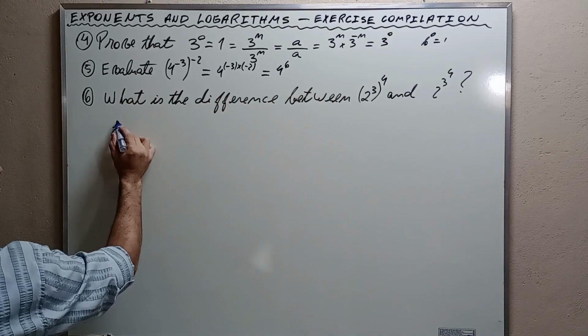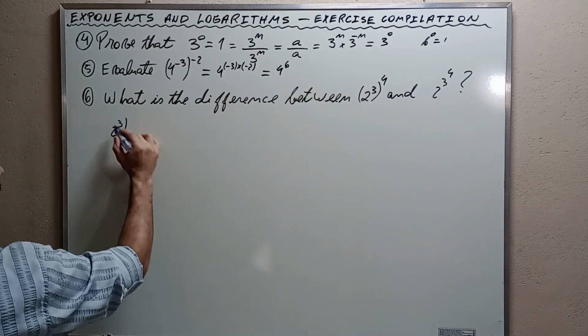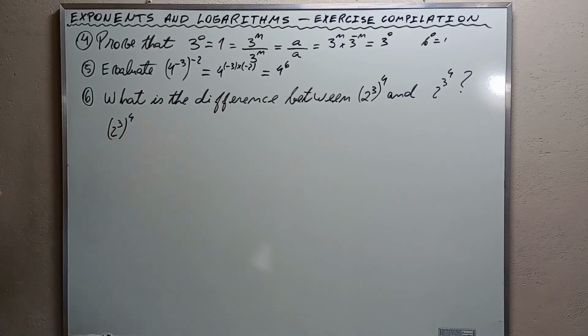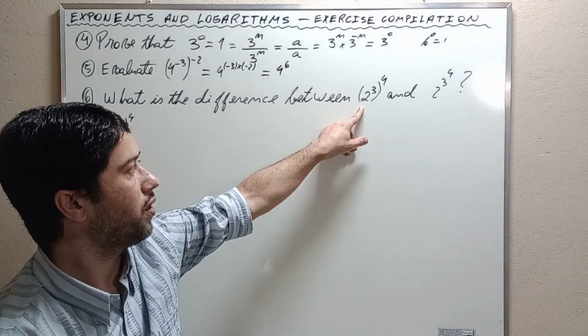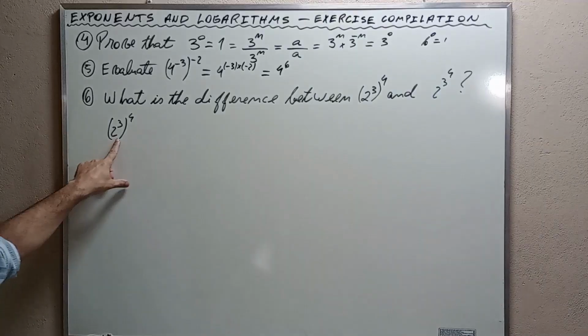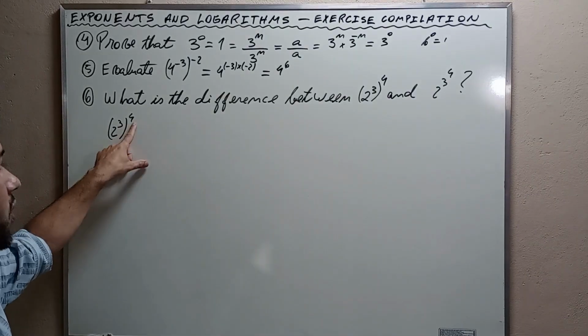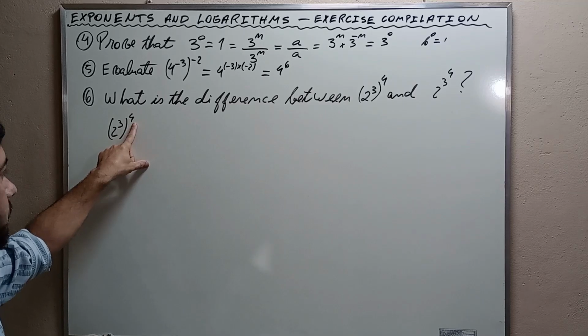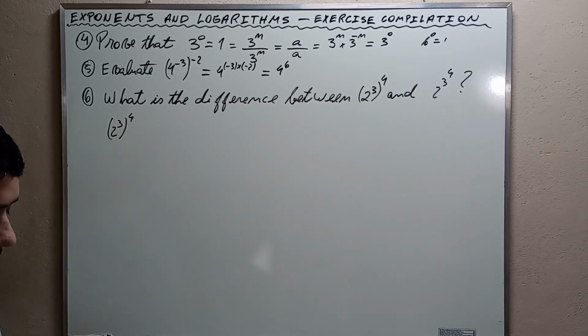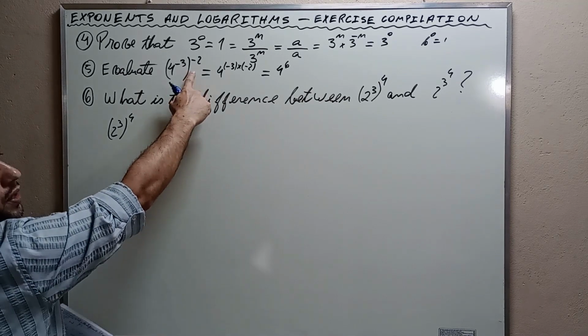Firstly, 2 cubed to the 4th, you observe that the parentheses say that the entire number inside of the parentheses is being raised to the 4th power. Okay? Then what we need to do is to do what we did here.